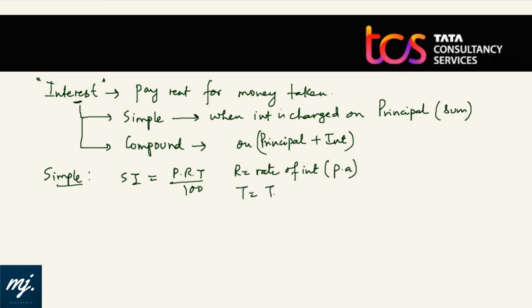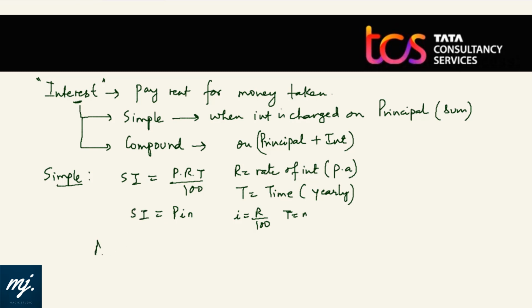T stands for time, which is generally taken on a yearly basis. So SI is PRT by 100. We can also write this as PIN, where I is nothing but R by 100, and instead of T we are writing N. So it looks like a pain. Simple interest is PIN and it will give you pain.